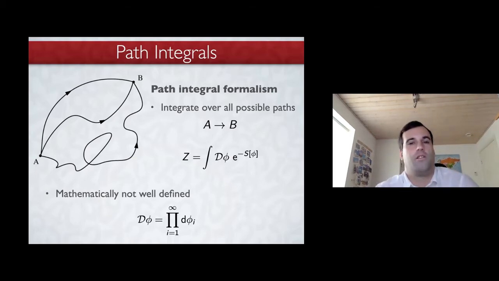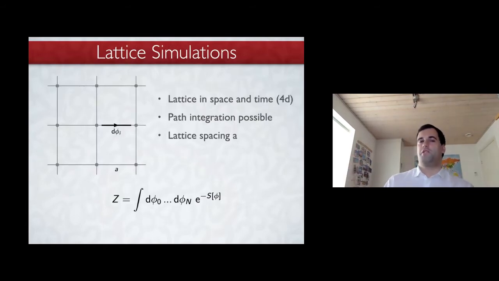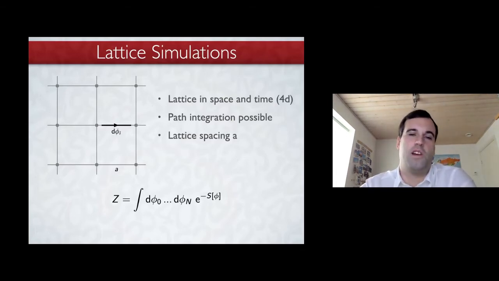One way to address this is to look at a discretization scheme. Instead of using continuous time, we say our space is made out of a lattice grid. So we have points that are separated by this lattice spacing a. If you do that, our integrals become finite. We still have to take integrals, but only n integrals.